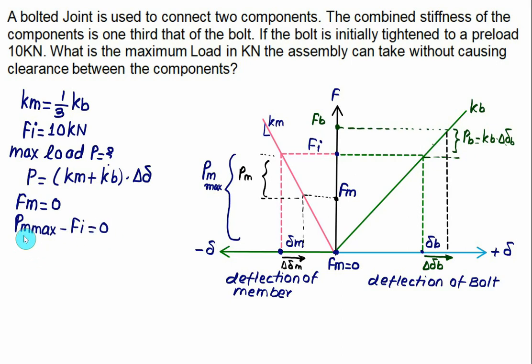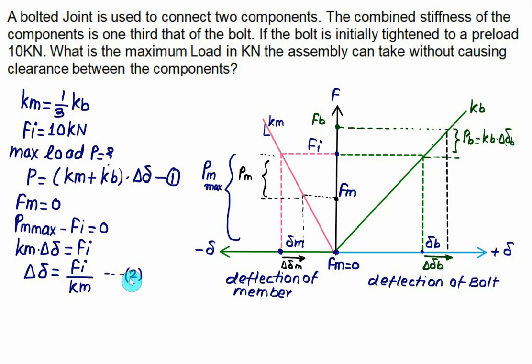The maximum value of the member, Pm max, is simply equal to Km multiplied by del delta max. So this value you have to make max. I will just write here del delta is equal to the initial load Fi, so we can find the expression for del delta. We have del delta equal to Fi divided by Km. So this one is our equation number 1, and this one is our equation number 2.